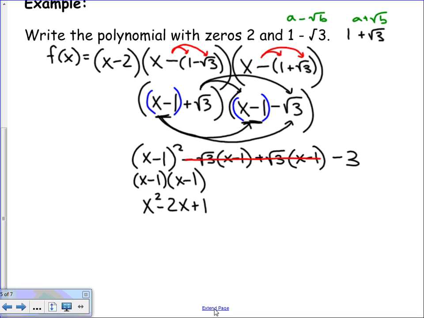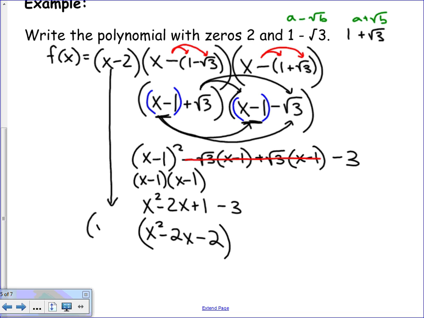And then I have a minus 3. So then Trevor says that's x squared minus 2x minus 2. And I still have to multiply by x minus 2.